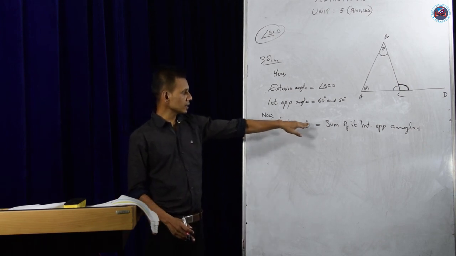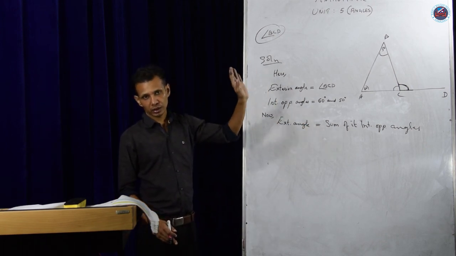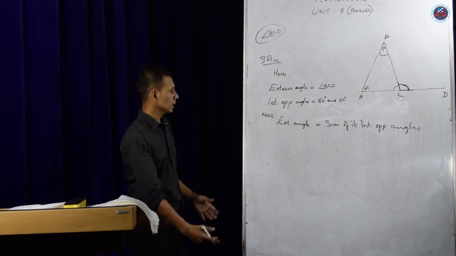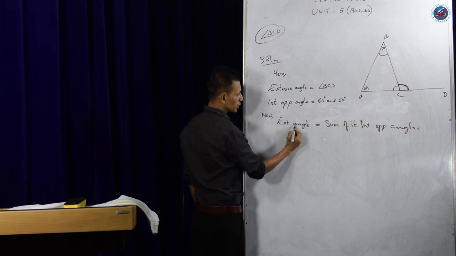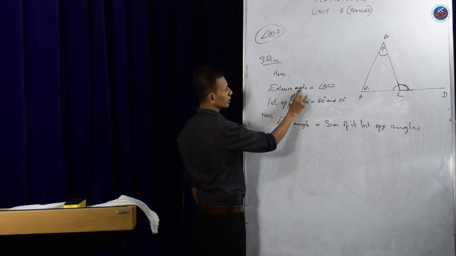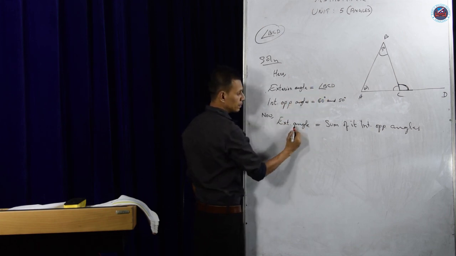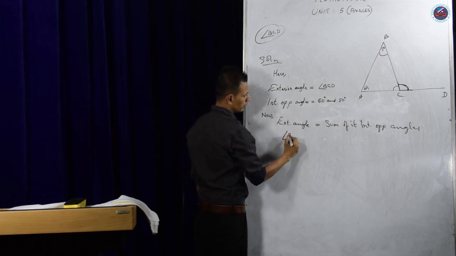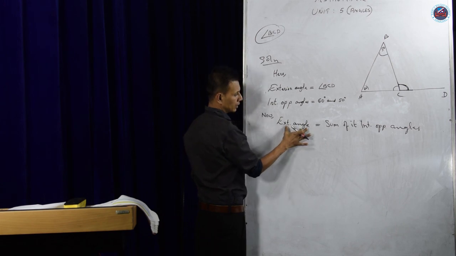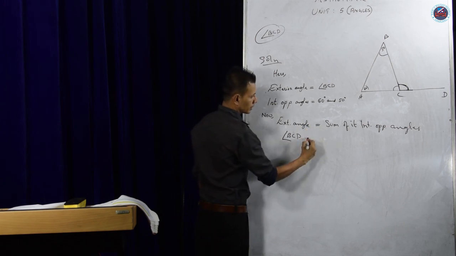Okay. Exterior angle is equal to sum of its interior opposite angles. This is the formula. Now, exterior angle. See, exterior angle you have already taken. In the place of exterior angle, I can write this. Angle BCD. Done.